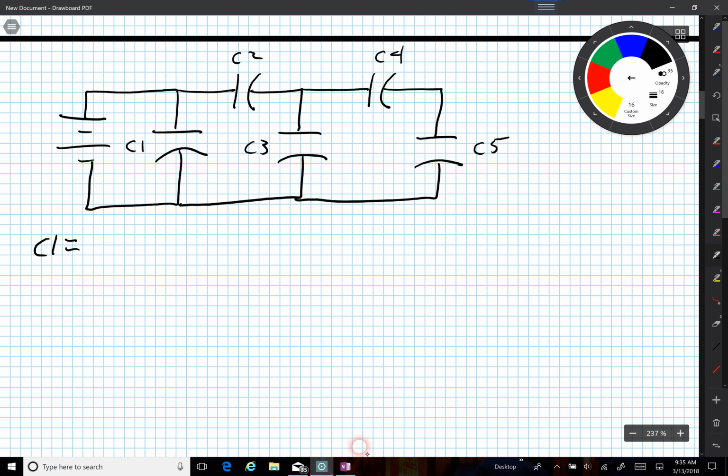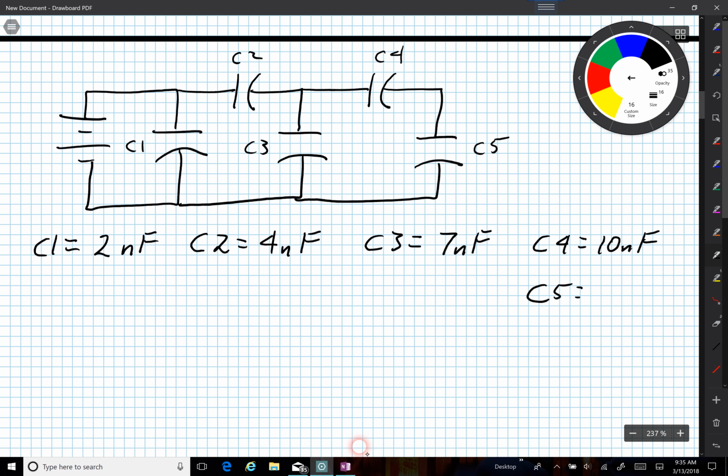C1 is 2 nanofarads. C2 is 4 nanofarads. C3 is 7 nanofarads. C4 is 10 nanofarads. And C5 is 12 nanofarads. Okay, so there's the values, and let's put a 50-volt battery here, and let's solve everything about this.